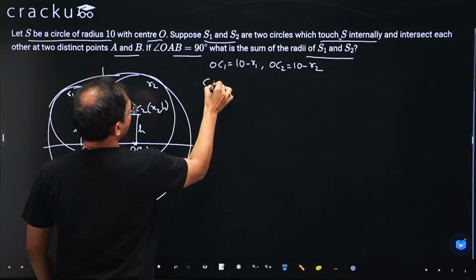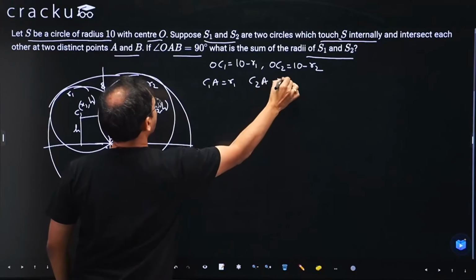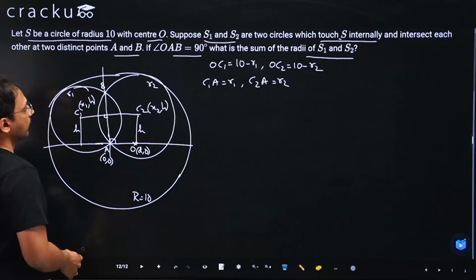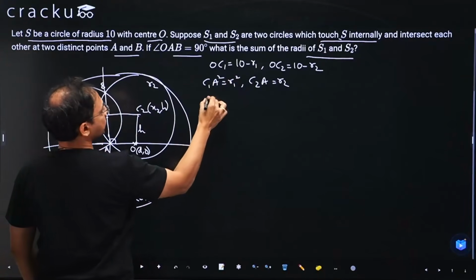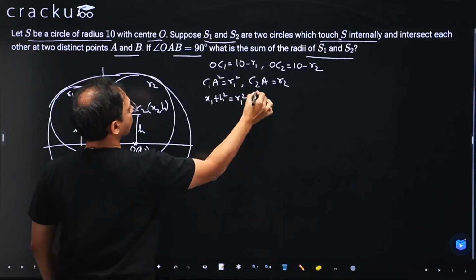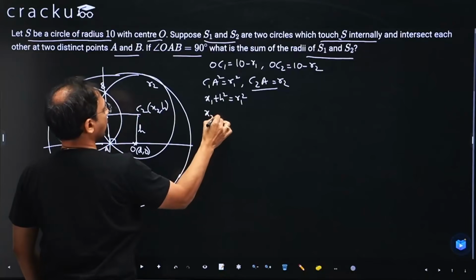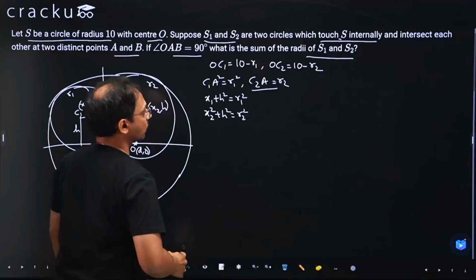So C1A is equal to R1 and similarly C2A is R2. Applying the distance formula and squaring, I get x1 square plus h square is equal to R1 square, and this one will give me x2 square plus h square is R2 square.